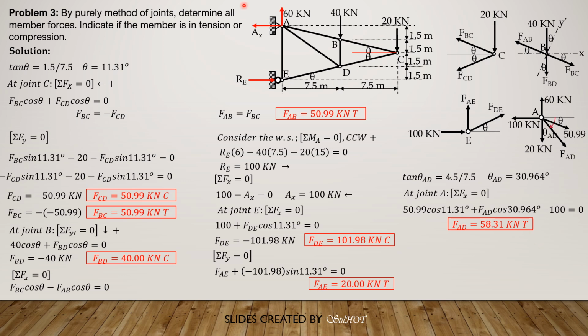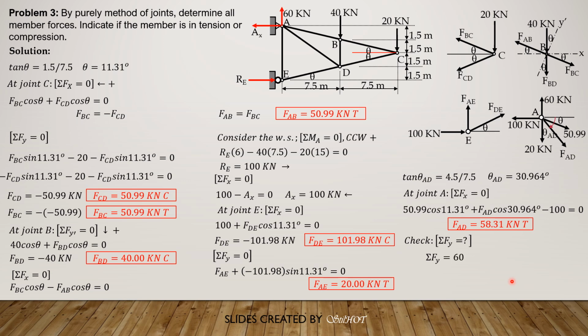So we have already found all the member forces. Then we check joint A by summation forces Y if it is really 0. So summation forces Y equals something. If it is 0, then it balances, and that verifies our answers to be all correct.